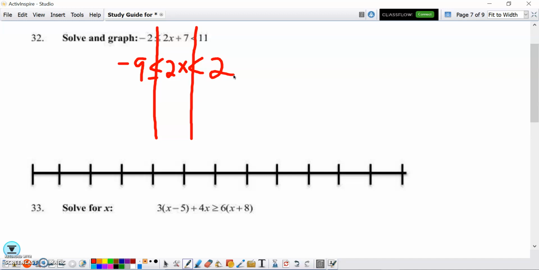Okay, now, again, I'm just going to say it. I'm going to divide everything by 2. When I divide everything by 2, I have a -4.5. X is left in the middle. And on the right side, I'm left with 1. All right, so I can do a normal number line here. I can do 0, 1, 2, 3, 4, 5, 6.